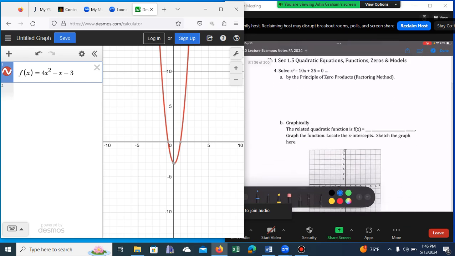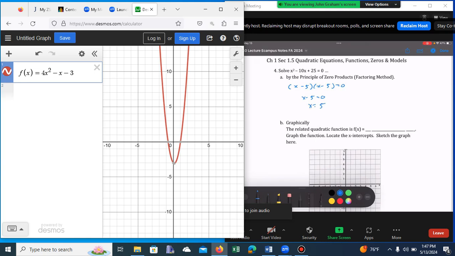Let's do another one. This one will go in factor. x squared minus 10x plus 25 factors into x minus 5 times x minus 5 equals 0. So x minus 5 can equal 0, and this is the same factor on both, so we don't have to write it twice, so x equals 5.